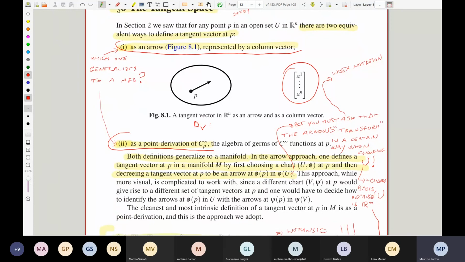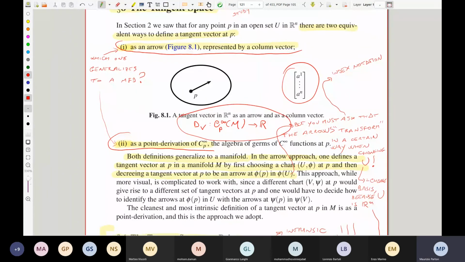That means it maps germs of smooth functions in Rn to R, right? Now ask yourself, if I just remove this and I put just the manifold, does this definition make sense? I mean, are all things here well defined?